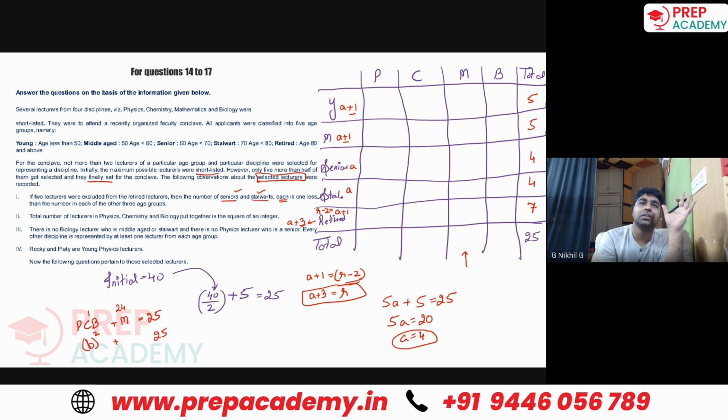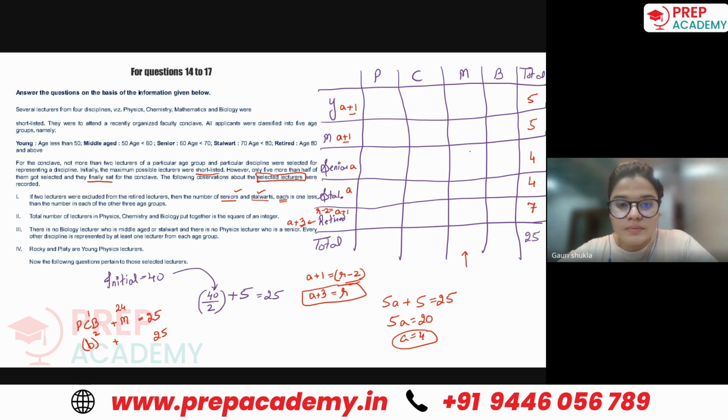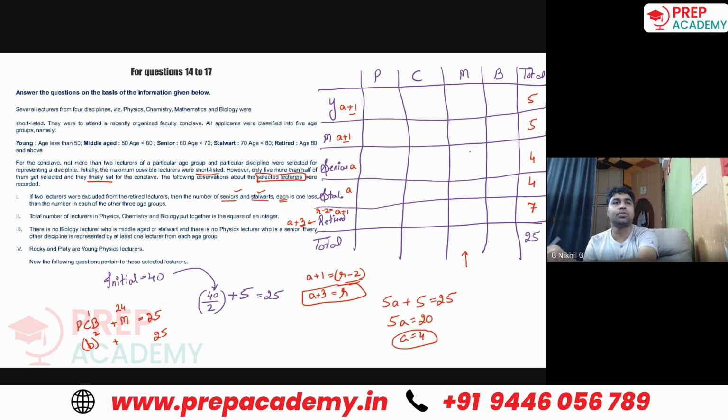That means 10 people were shortlisted basically. Out of those, can that value be more than 10 or more than 2 in any of these rows or columns? No. So by that logic, this value cannot be 1 and 24.